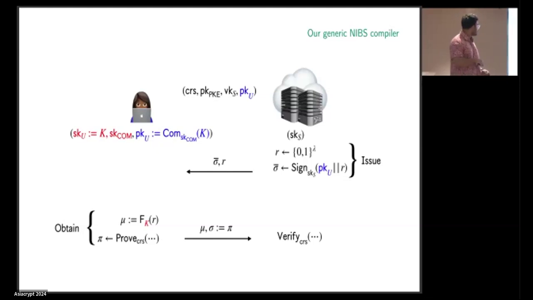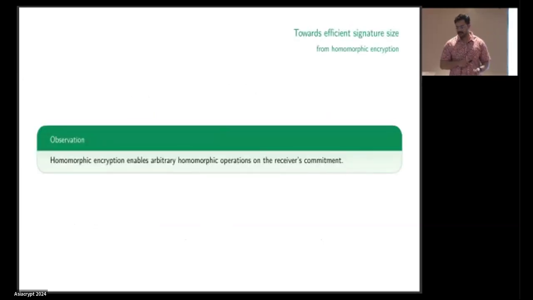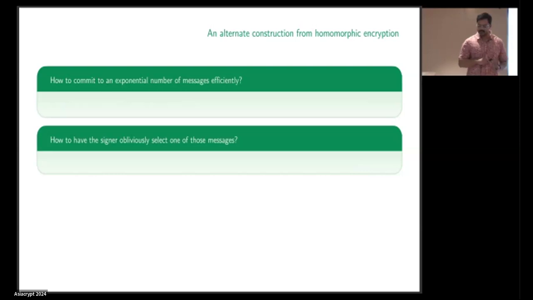We ask, instead of using this NIZK to hide the user's secrets, can we instead make the signer do some homomorphic computation to directly compute the signature for the user? And indeed, that is possible.